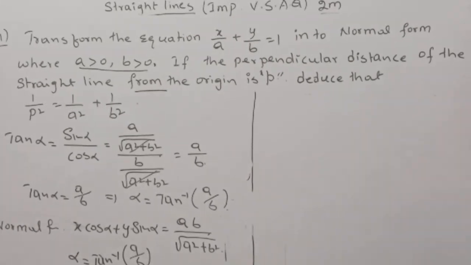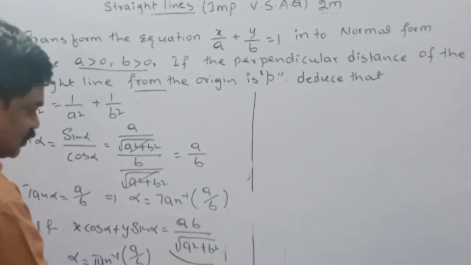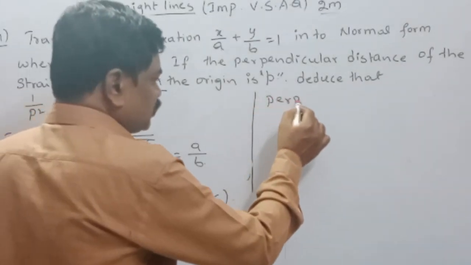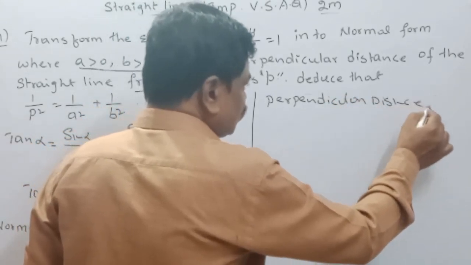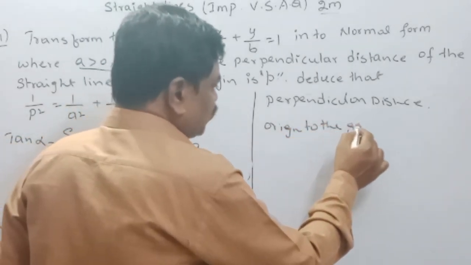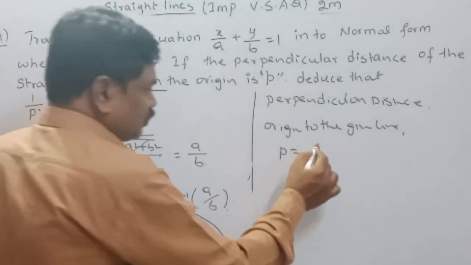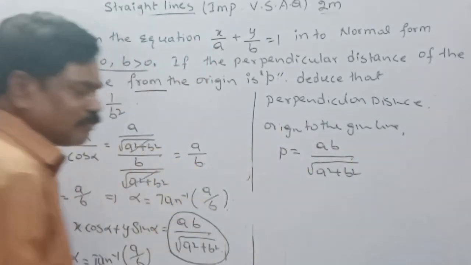Then this is the normal form of the equation of the line x by a plus y by b is equal to 1, and this is the perpendicular distance from origin to the given line. So the perpendicular distance from origin to the given line, p, is equal to ab by root over a square plus b square.